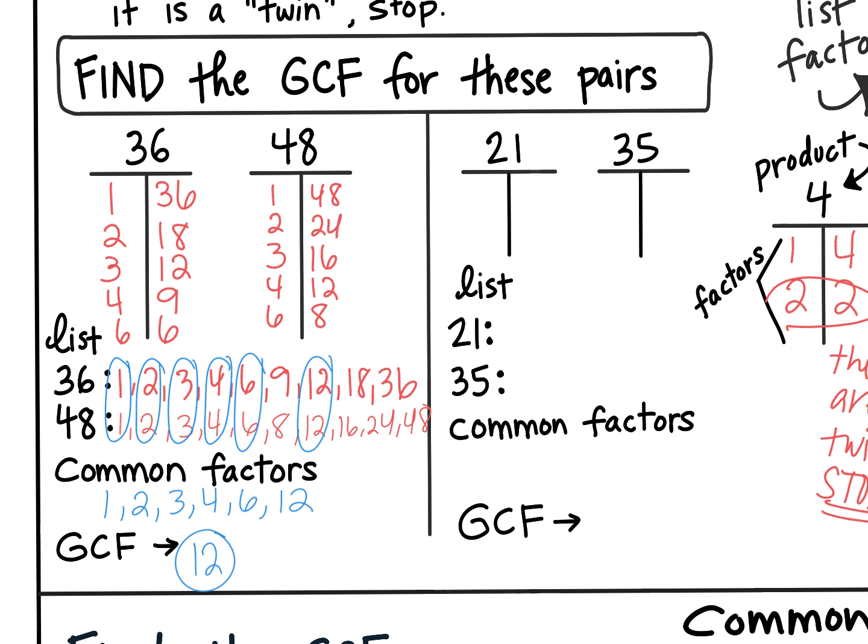Okay, you and your tables try the next one together. Have everything on your paper just like how we did. 1 and 21. No, there's only 1, which is 21.